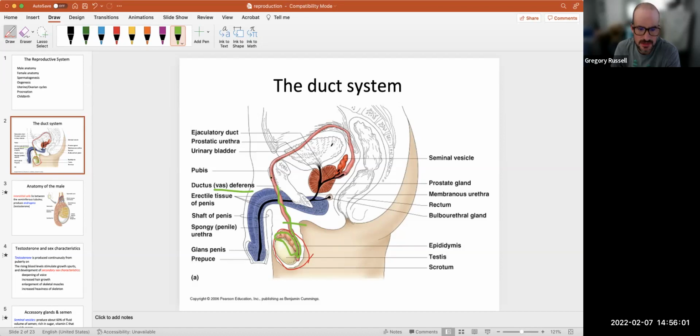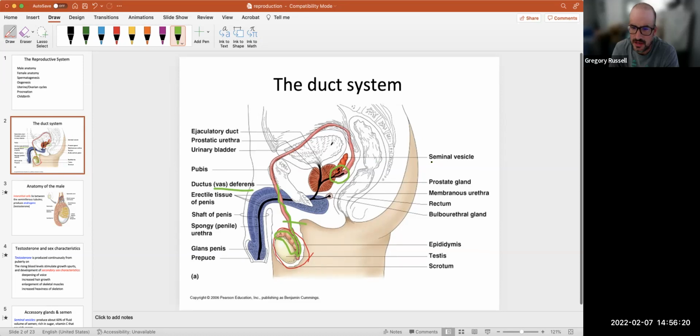So the vas deferens runs up into the abdominopelvic cavity. And kind of right below the urinary bladder, right in this region right here, we see that the sperm are going to be mixed with the secretions of a couple of different organs. There are paired seminal vesicles that we see right here.